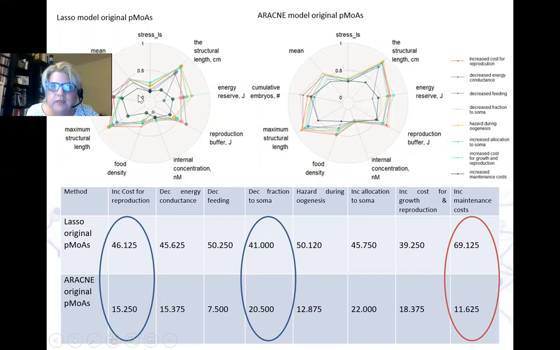In this particular one, the increased cost for reproduction and the decreased fraction to soma seem to be the best performing ones. So that's one piece of information that we can use.